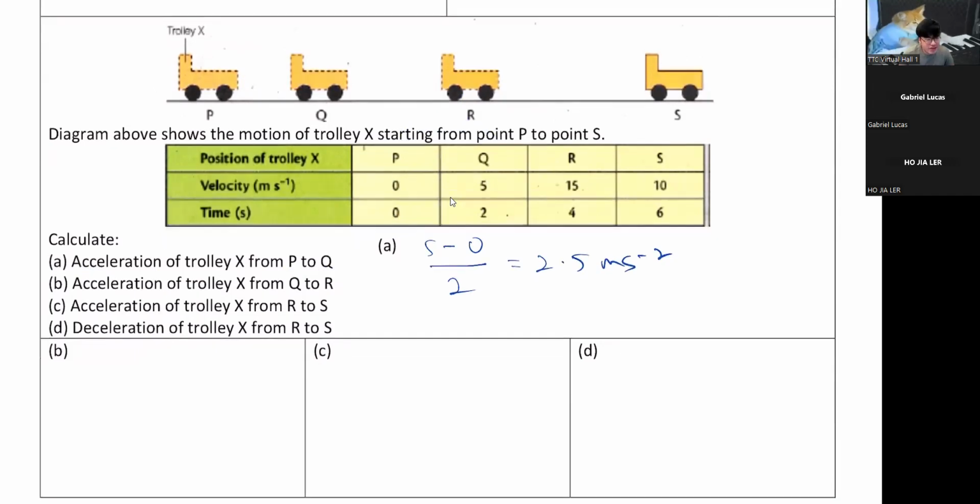If you guys have anything, please slow me down. This should be very straightforward for you. So QR, now 5 becomes the U and 15 is the new V. So 15 minus 5 over 2, I would get 5 meter per second square.